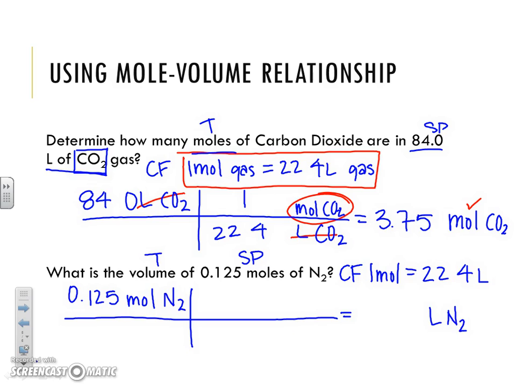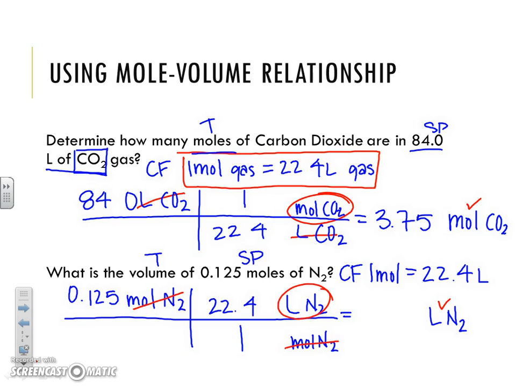And we want to get rid of moles, so we're going to put those on the bottom. If we look at our conversion factor from moles to liters, we can go directly there. So we can say liters of nitrogen gas on the top. The conversion factor tells us 1 mole to 22.4 liters. And to solve this now, we're going to double check our units. Moles cancel.